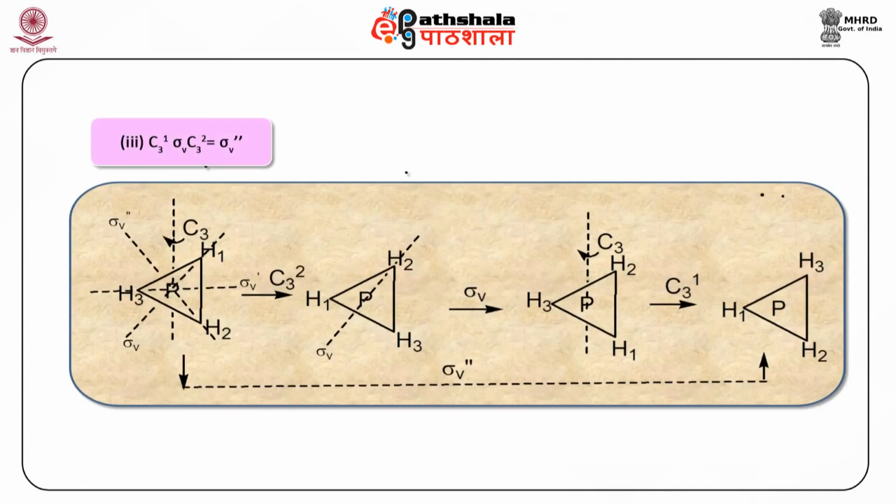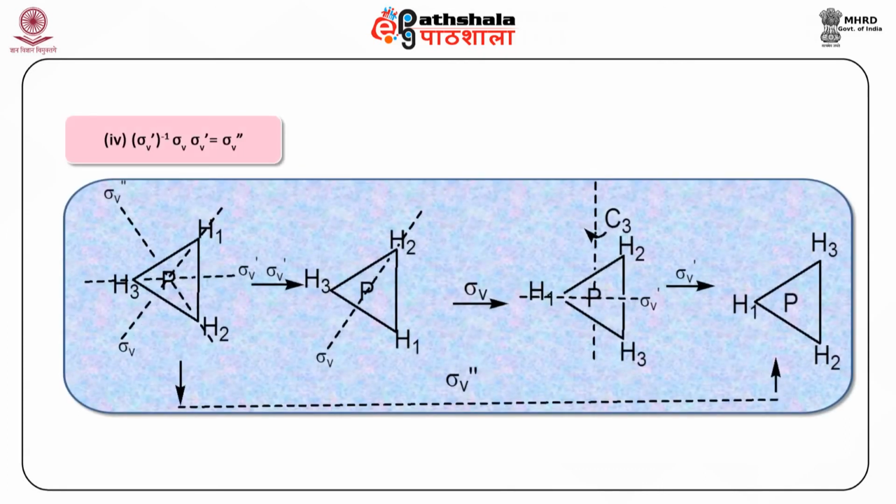This is the third similarity transformation in the PH3 molecule. This is the fourth similarity transformation in the PH3 molecule, as sigma V dash inverse is equal to sigma V dash.